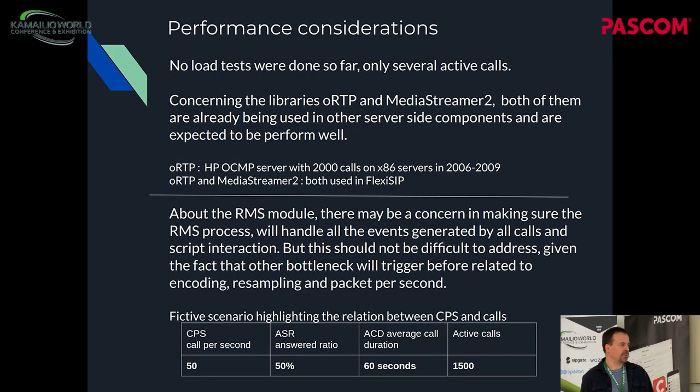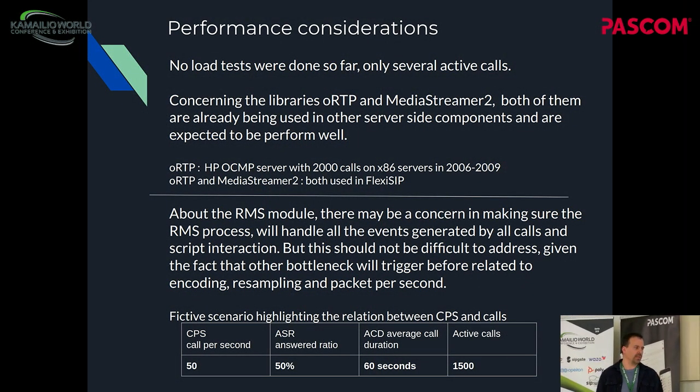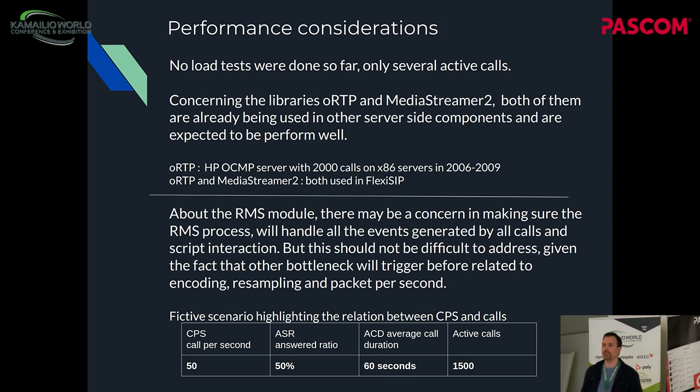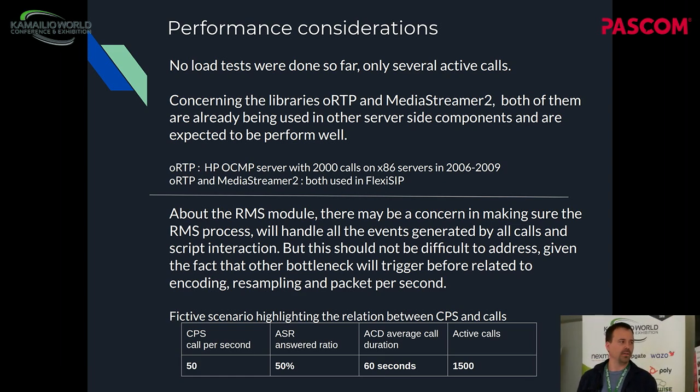I have some kind of fictive scenario to try to see what kind of benchmark could be acceptable, and to highlight the fact that calls per second is rarely the bottleneck on this kind of server, because the main bottleneck should be expected to be in the encoders and the resamplers. But if it's only relaying packets, then maybe that's not the best option either. But even relaying packets, it should be very fast at that.